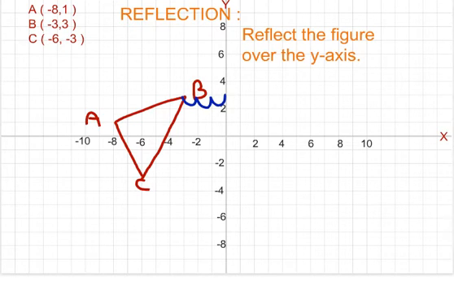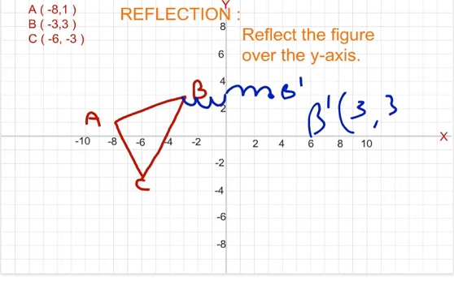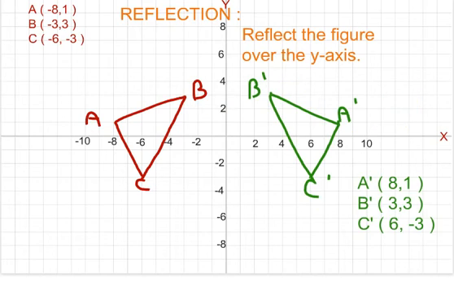So 1, 2, 3. And then that means I will have to put my B prime 3 after the y-axis. So 1, 2, 3 squares after, that's B prime. So now my new coordinates would be B prime (3, 3). The whole triangle is going to move here.